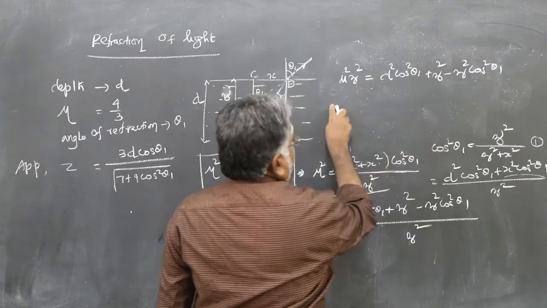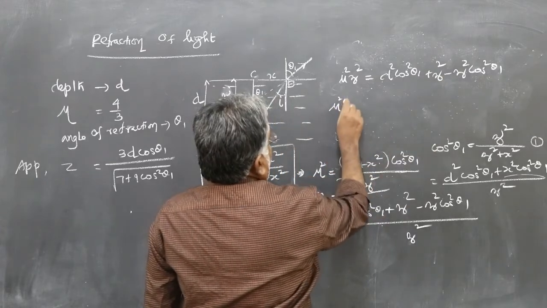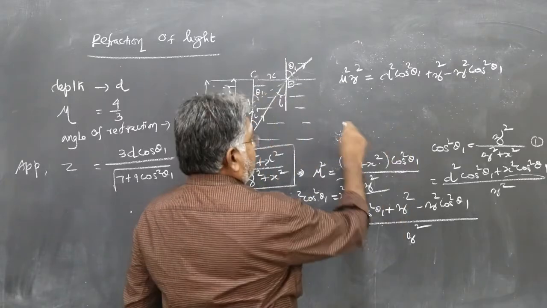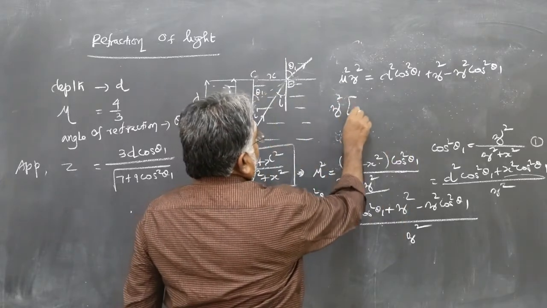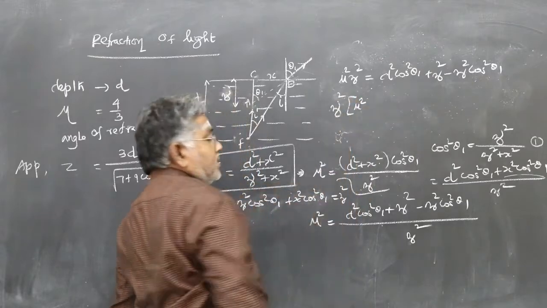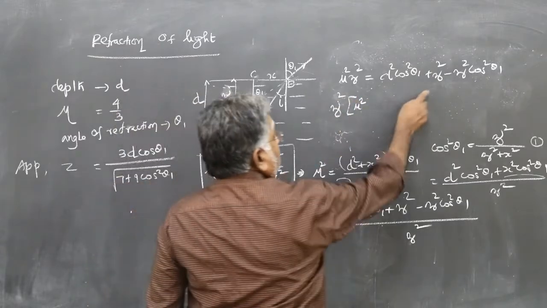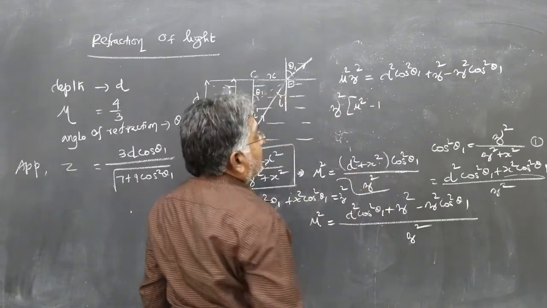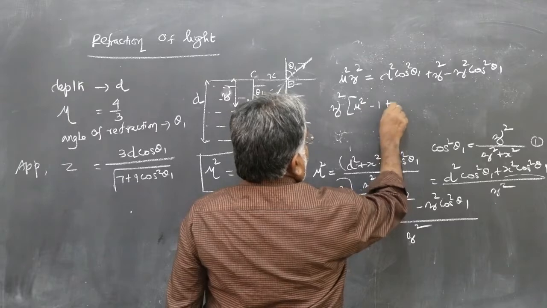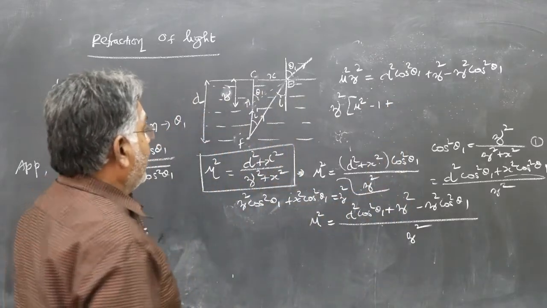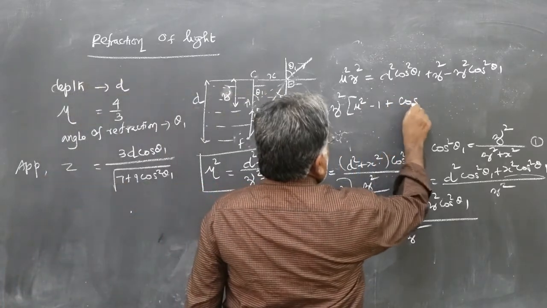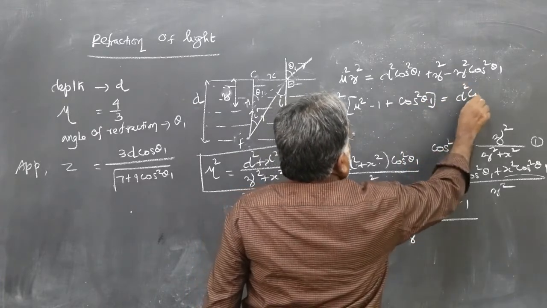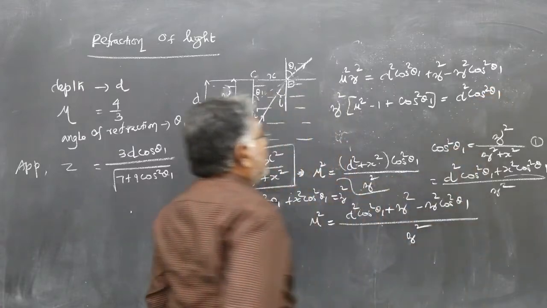So take the z square terms to the left side: z square into mu square, this will come to the left side and become minus z square, so minus 1. Then this will become plus, so plus cos square theta 1, is equal to d square cos square theta 1.